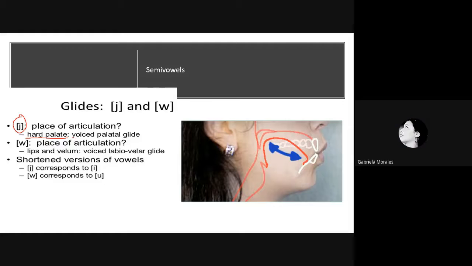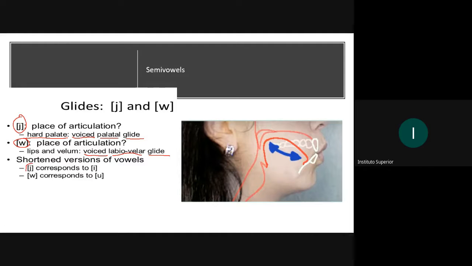Voice, light. Here we have the description. Voice, palatal, light. Okay. And this one? What is the description? Voice, like your light. Glide. Okay.